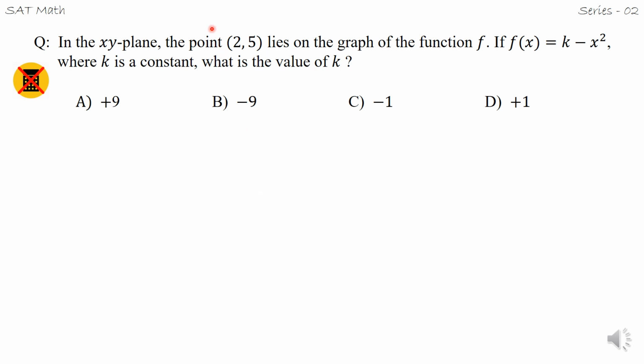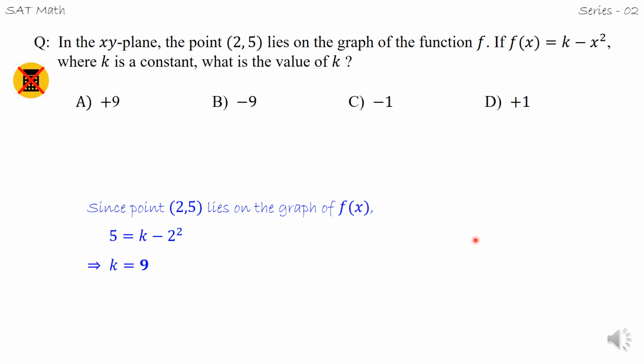Okay, in this question, a point (2, 5) lies on the graph of the function f, and the function is given with k, where k is a constant. We need to find the value of k. Since the point (2, 5) lies on the graph of f(x), we just substitute the values of x and y here.